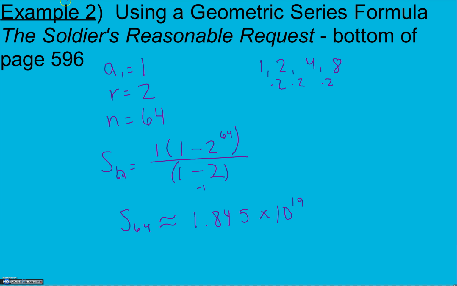And again, the formula we used is the sum based on how many numbers you want is going to be your first term times 1 minus your common ratio raised to the nth power divided by 1 minus r.